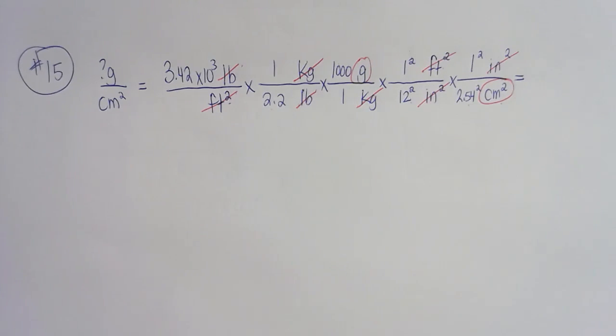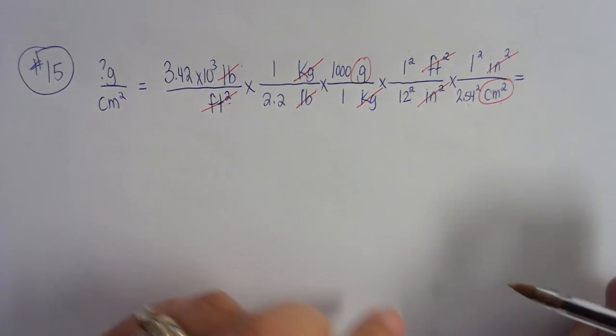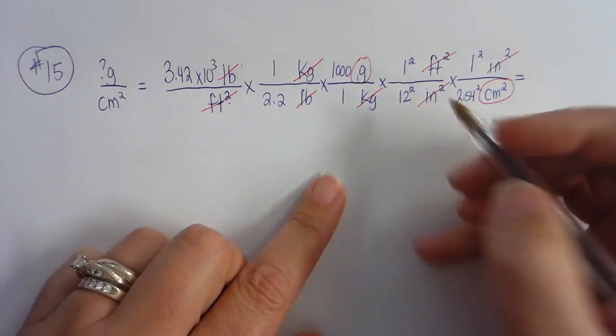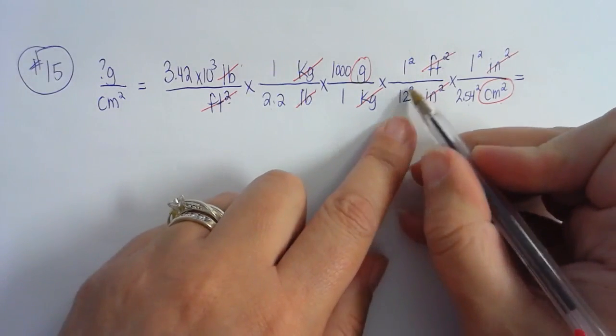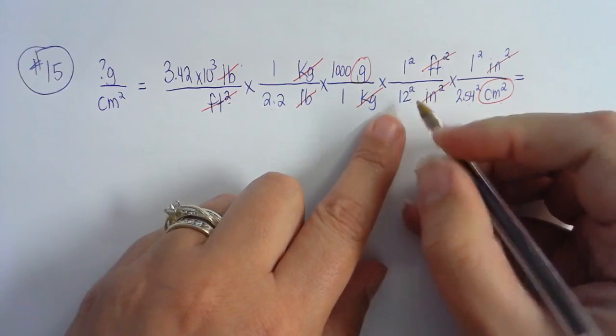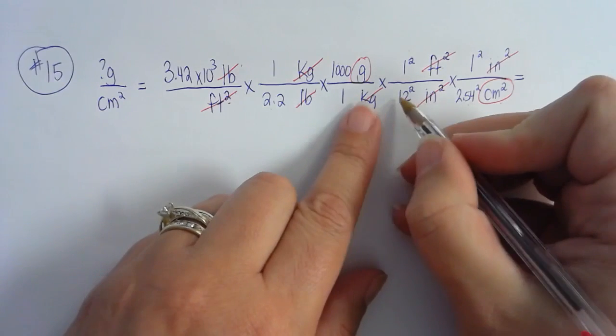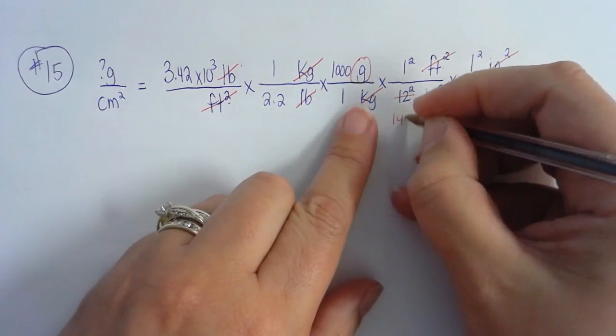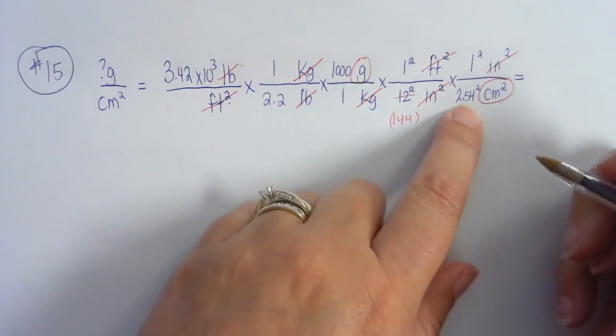Whatever you want, it's going to be the same amount of work. Whatever works better for you is what I want you to do. The other thing that I do is square these numbers out so that I don't have to think about it later. So either on your calculators or in your head, what is 12 squared? 144. And what is 2.54 squared?